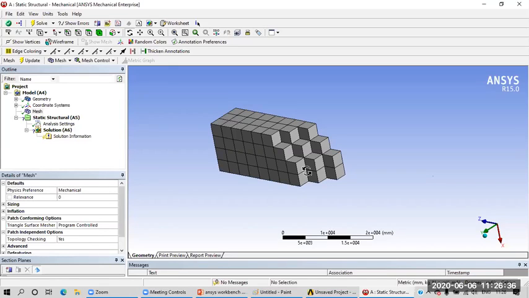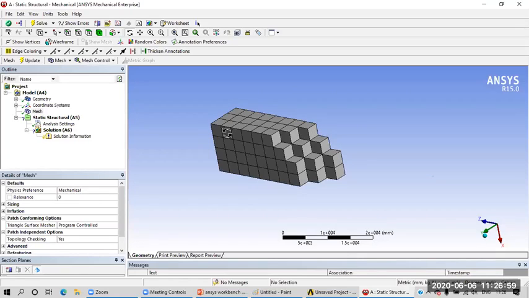How a unit cell forms the lattice, and that combination of lattice makes a physical entity. So let's suppose I have a unit cell. This cube is the unit cell of this complete beam.